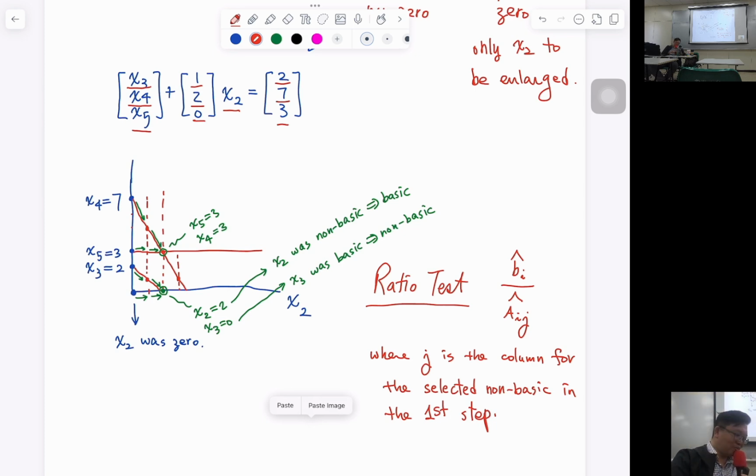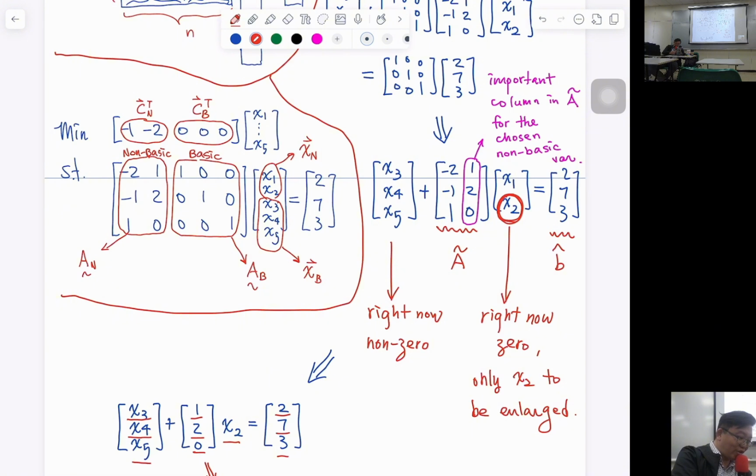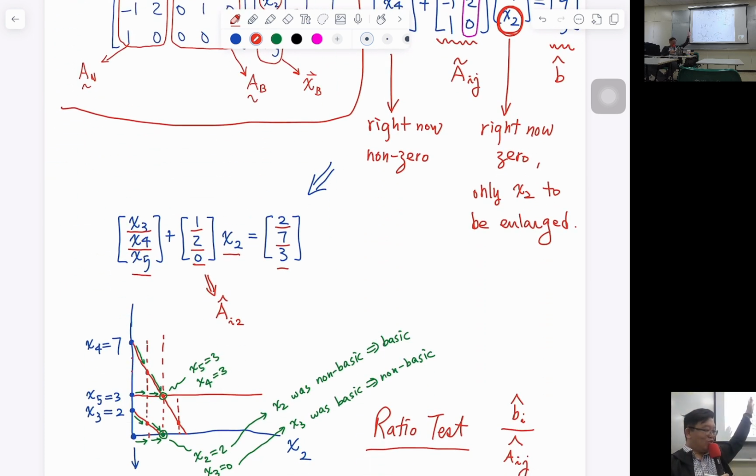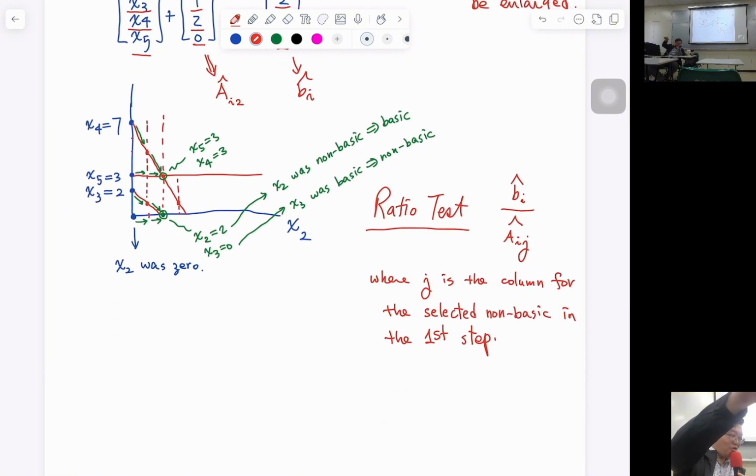So basically this one is a_i2, because remember the whole thing is a_ij, right? And we are picking j equals 2. So here, this guy is a_ij. And this is basically b_i. The whole thing, this is b_i. We are going to do b_i over a_ij, basically a_i2.